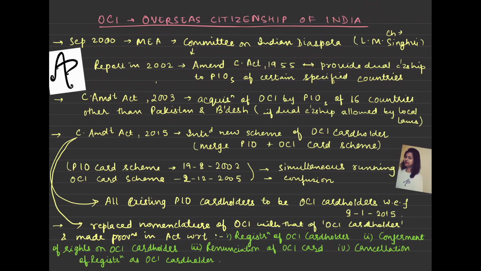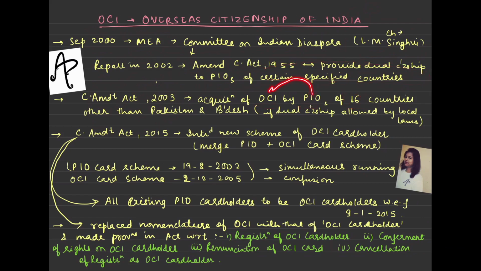But here the idea was that people of Indian origin of certain specified countries, whichever they mention, if they are living outside, we can make them Indians. I mean, we can give them citizenship here. Then in 2003 the amendment happened, the Citizenship Amendment Act 2003, where it was said that this OCI, Overseas Citizenship of India, would be acquired by the PIOs of 16 countries, because they had already said that only the specified ones would be given.